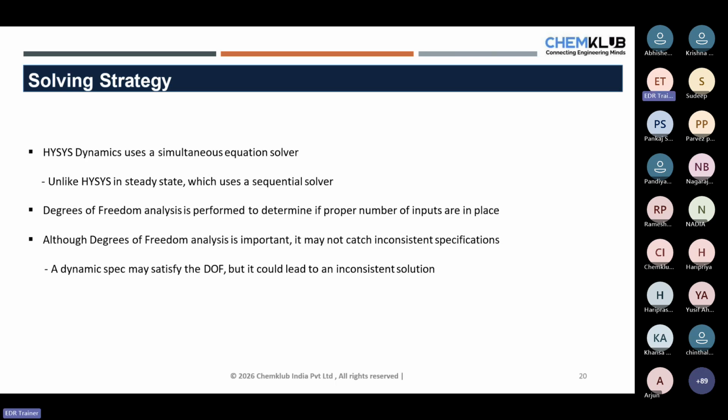Solving strategy. HYSYS dynamics uses a simultaneous equation solver. This is very different from the steady state sequential solver. In steady state, units solve one after another, which we have already talked about. In dynamic, we solve the entire flowsheet equations simultaneously. This becomes necessary because pressure interaction occurs everywhere, flow changes affect multiple units simultaneously, and controllers interact continuously.